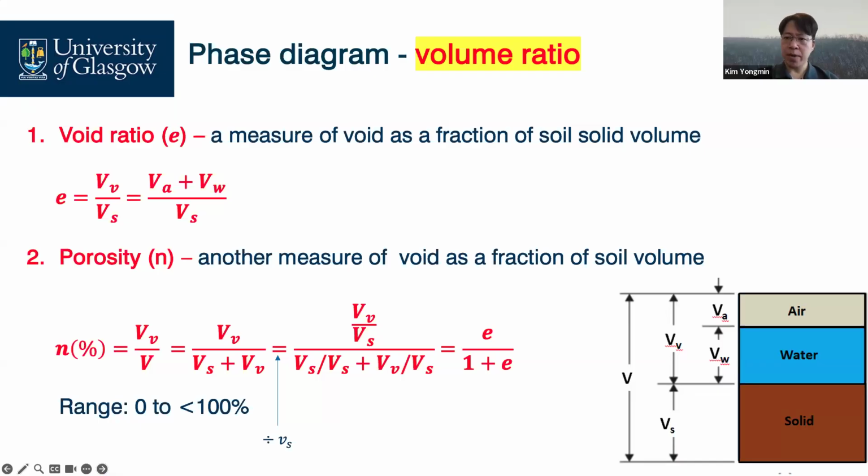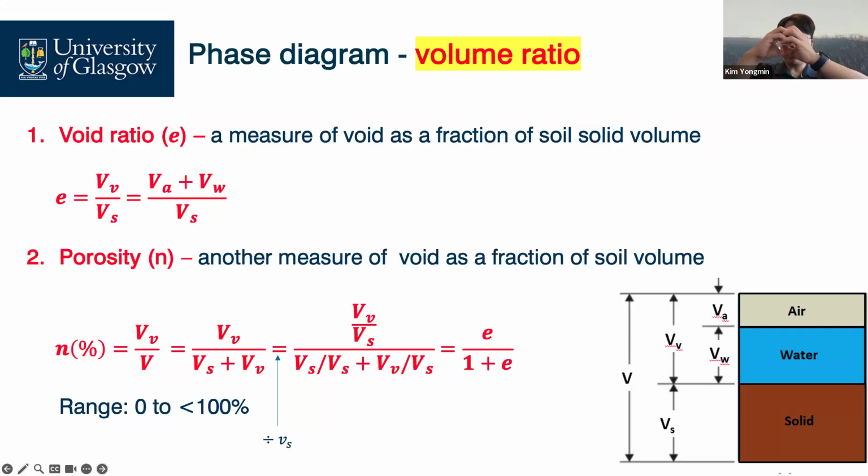What is the physical meaning? The bigger the void ratio and porosity, the larger the void space is, right? My fingers are the soil particles and they are mixed up. Now we have a lot of space. I can see you between the voids. It means very loose conditions.